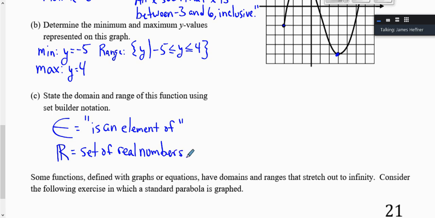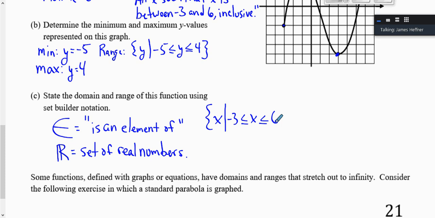Okay, so we're going to incorporate those two things into our set builder notation. Let's do the domain with the X then. So here's how it'll look. It'll be all X such that -3 less than or equal to X less than or equal to 6, right?